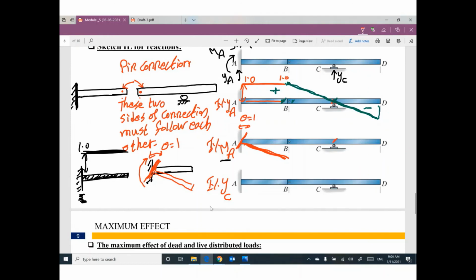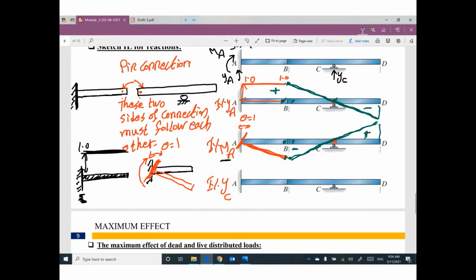Any other support will remain without movement or rotation. Because this side of the connection moved down, the other side of the connection must move down. So the new position of this part of the beam looks like this. Positive, negative.